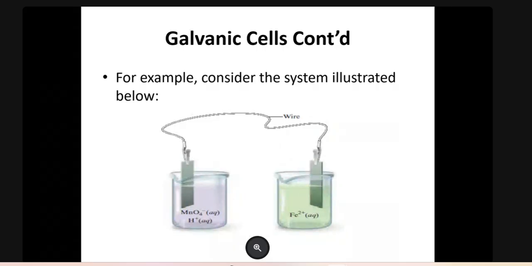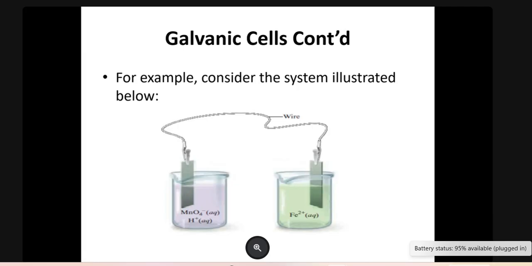So if you are going to write the equations of what's happening on each metal, the metal that's losing electrons will start as a neutral atom. Let's say sodium, right? But in most cases, we rarely use sodium as an electrode in a galvanic cell. So let's use zinc. Neutral zinc, and when this zinc loses electrons, it becomes the zinc ion.